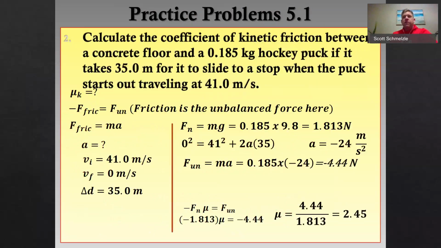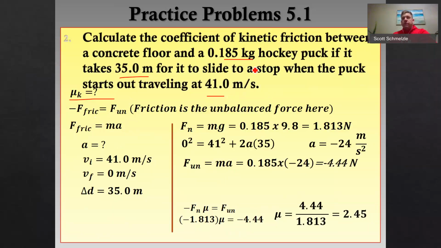Second one, calculate the coefficient of kinetic friction between a concrete floor and a 0.185 kilogram hockey puck if it takes 35 meters to slide to a stop when the puck starts out at 41 meters per second. All right, so we want to find mu k, right? So I've already rearranged my formula. So F_un equals my applied minus my force of friction.